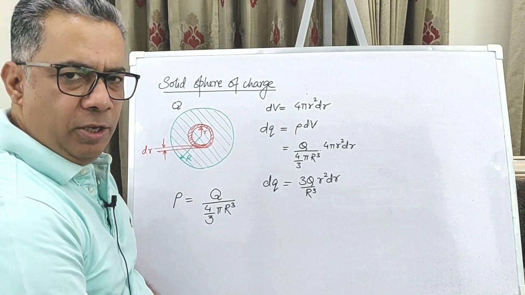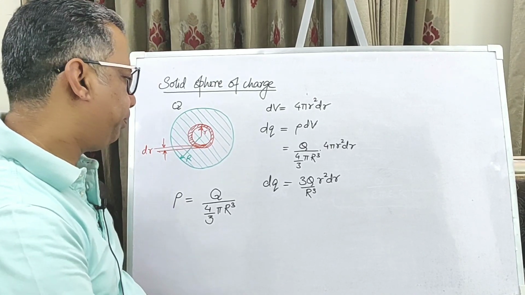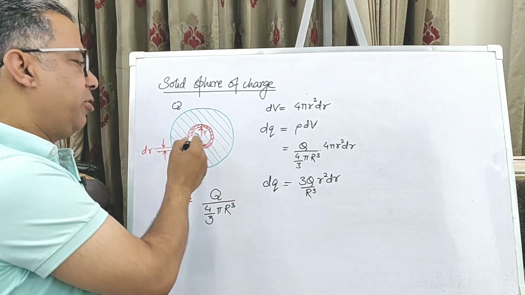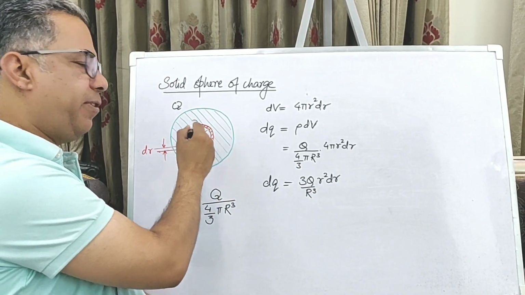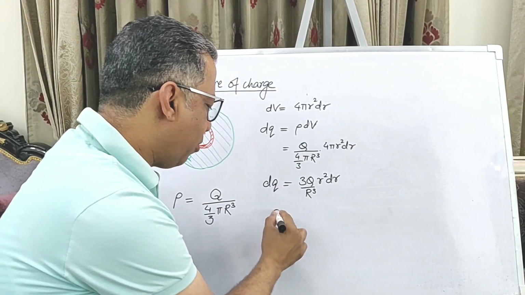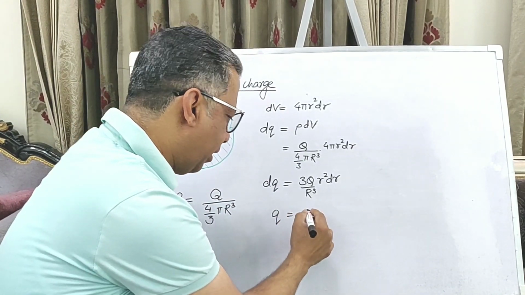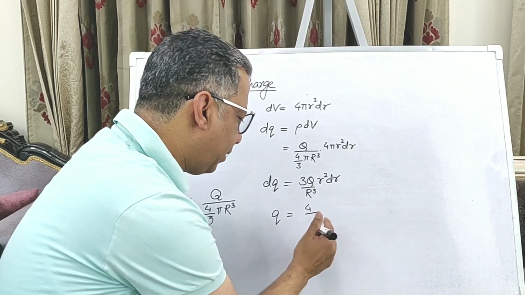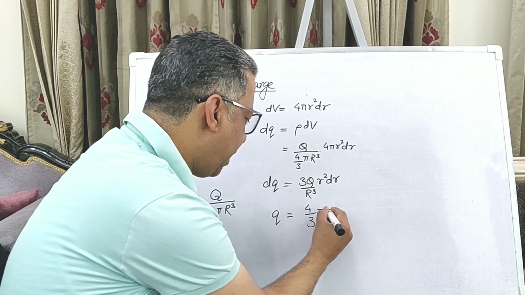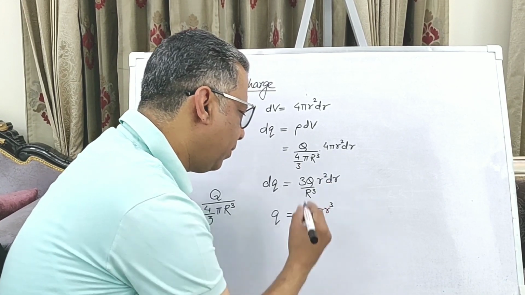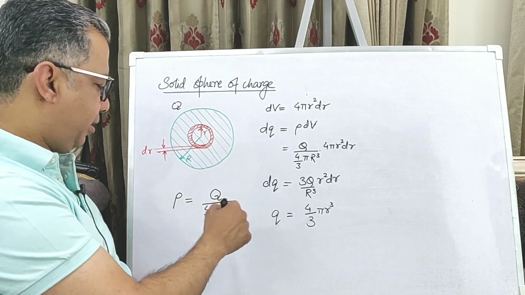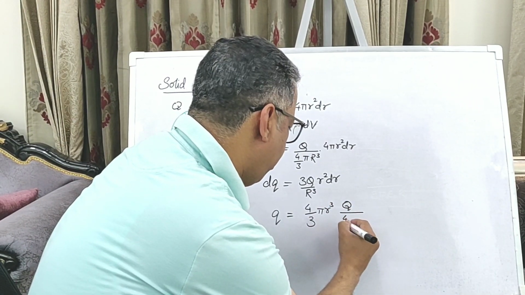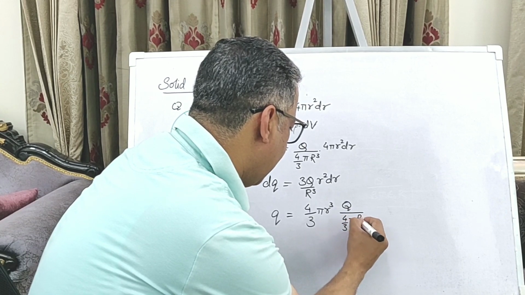So that's the charge dq that we have added. The charge that was already there was the charge in the sphere of radius r. So the charge that was already in there was volume 4 by 3 pi r cube times the volume charge density, which is Q by 4 by 3 pi R cube.